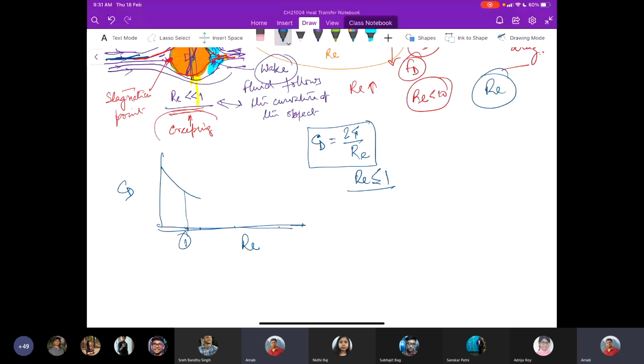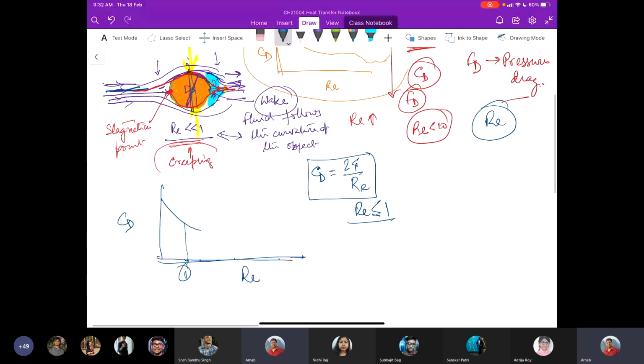As you increase the Reynolds number, say to about 10, flow separation starts to occur on the rear side, as we have just discussed. And vortex shedding starts to occur at about Reynolds number 90 or 100 in this region. It increases with increasing Reynolds number up to 10 to the power 3.